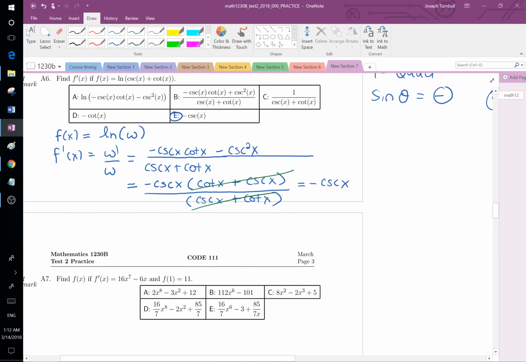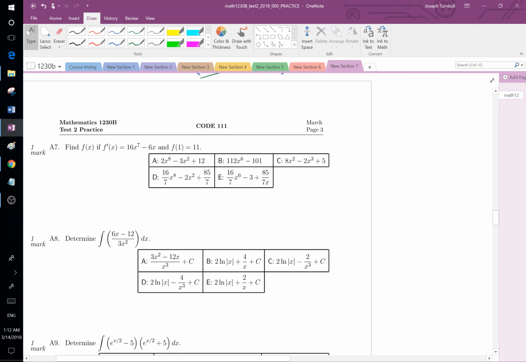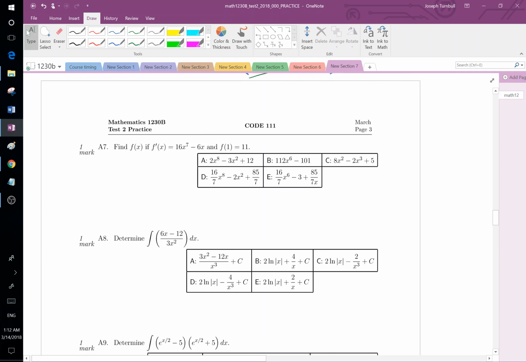Okay, next one. Number 7. We're asked to solve the differential equation. The derivative of a mystery function is 16x to the power of 7 minus 6x, with a given piece of information, f of 1 is equal to 11. Here we go. We're going to start by taking the antiderivative of the derivative.